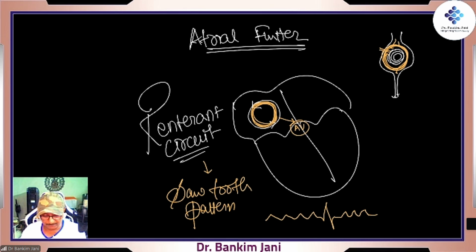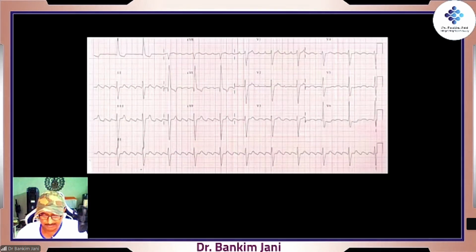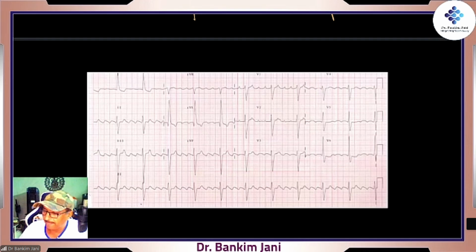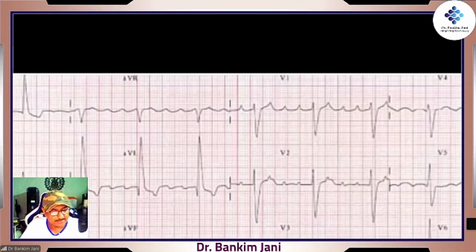And you will find that this is seen in every lead. Crystal clear, seen in every lead: 1, 2, 3, AVR, AVL, AVF, V1 to V6. See how precisely, whether it is AVR, AVL, AVF, anyone, say V1, here it is.